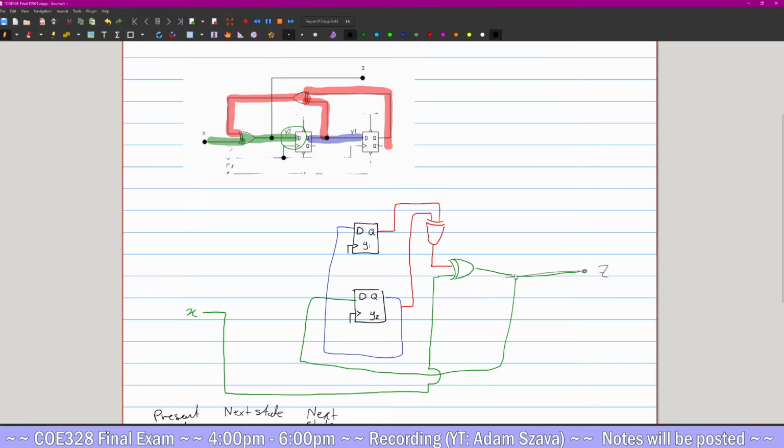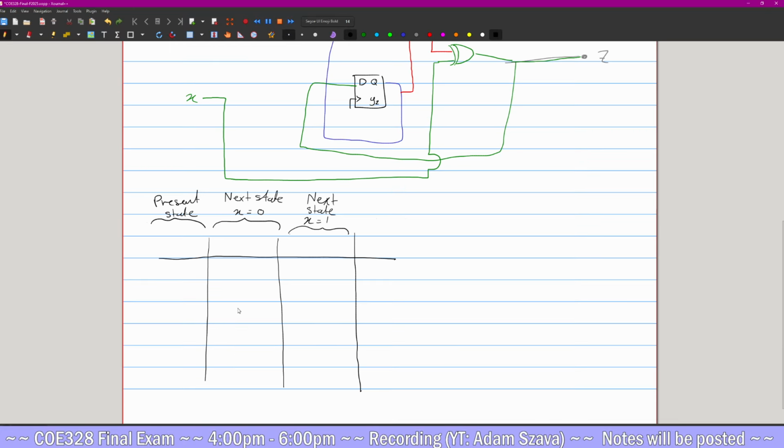This output signal is driven by this OR gate, and this OR gate combines present state information with the input variable. So the output depends on the input variable, so our output will also be given for when x is 0 and when x is 1.